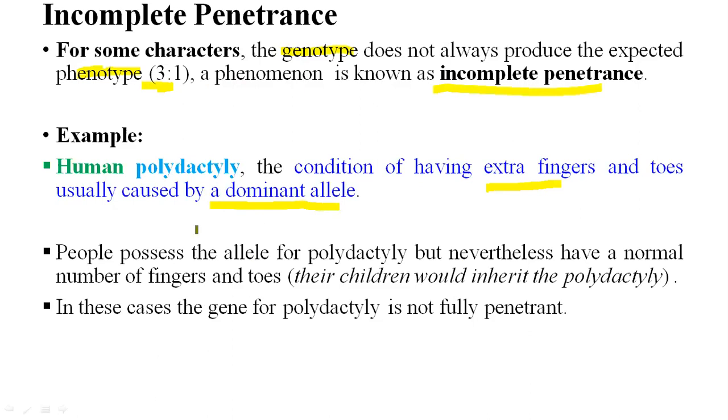Some people have the allele, but their fingers are normal, but their children will show the inheritance, they will have polydactyly. So it means that polydactyly is not fully penetrant. So in one generation it did not show, but in the next generation it showed itself. So this is about incomplete penetrance.